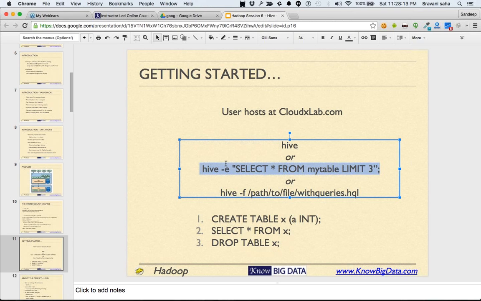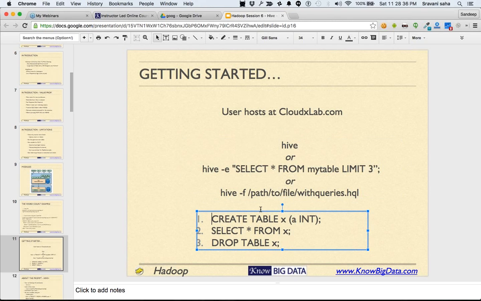Same as Pig, probably every tool which interfaces with the developer or the users has all three modes in today's time: the command prompt, executing a single query, and executing the full list of queries.